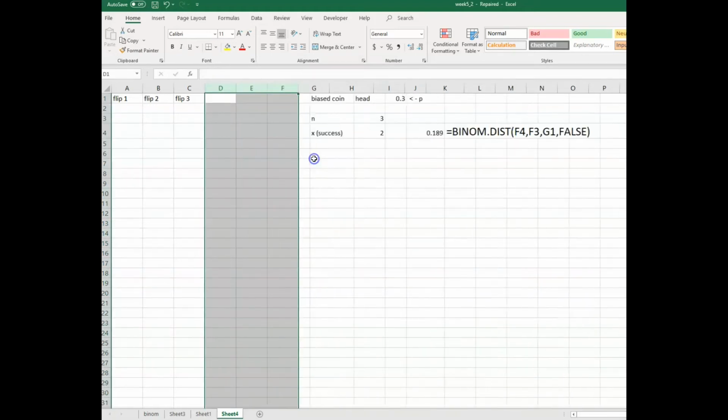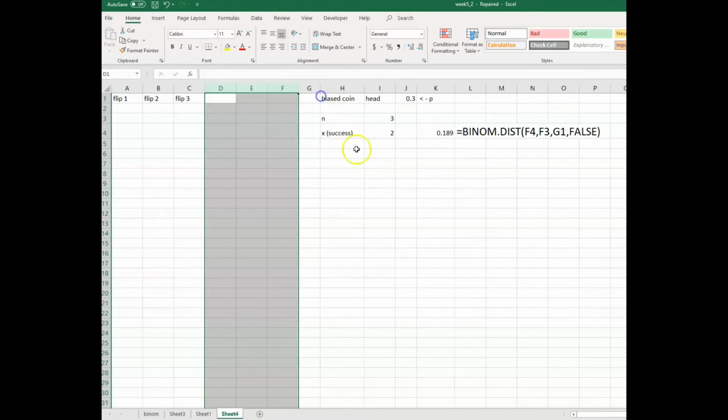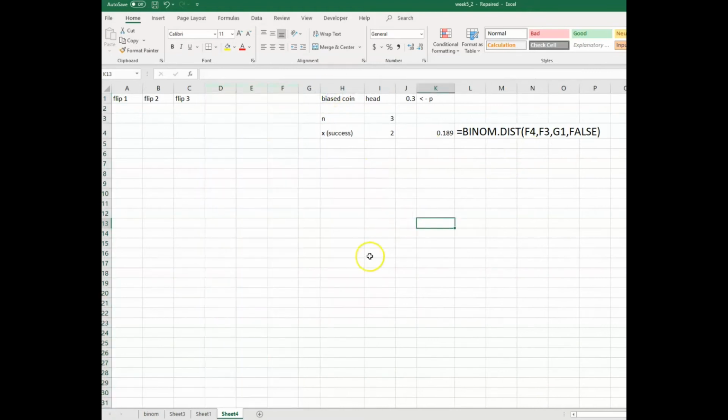And the probability we see 2 heads is about 18.9%.